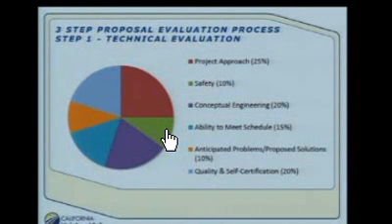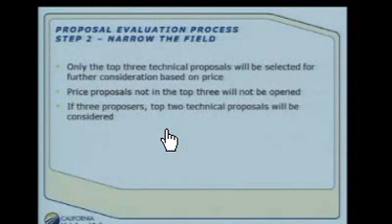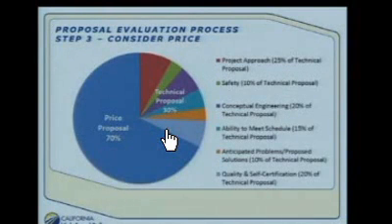If we had 3 proposals, we'll just select the top 2 to move on to the next price component. So we narrow the field to the top 3, or the top 2 technical if there are only 3. Then we move on to what's called the price consideration.